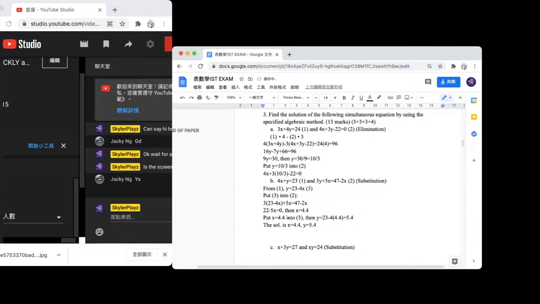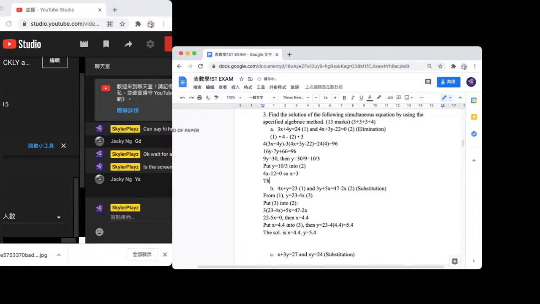As you can see, this 3 and this 3 in the fraction multiplication will cancel. 12 minus 22, negative 12. So x is equal to 3. And then we can finally conclude that the solution is x equals 3, y equals 10 divided by 3.